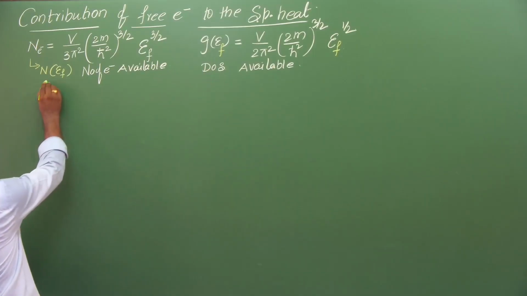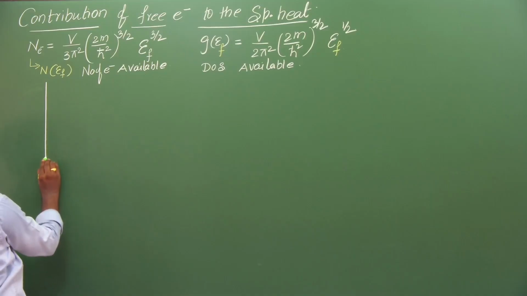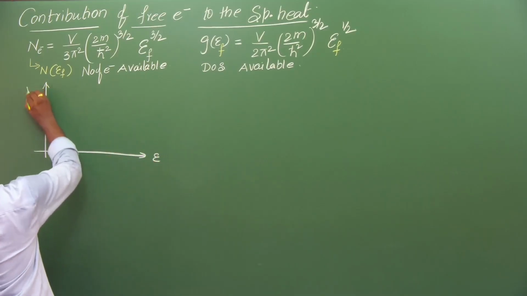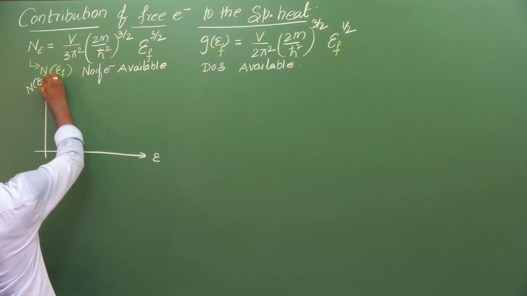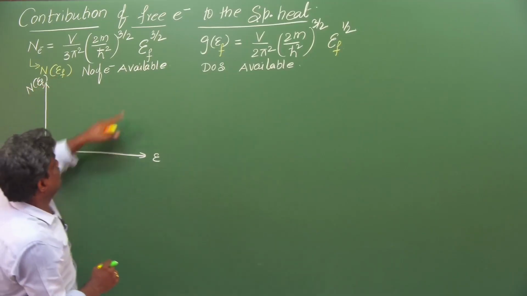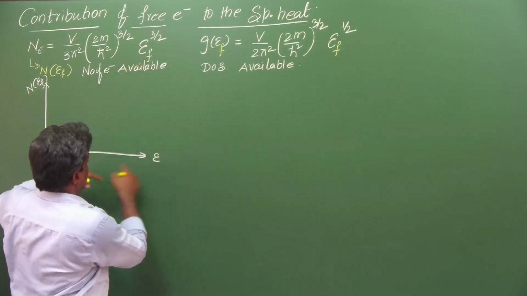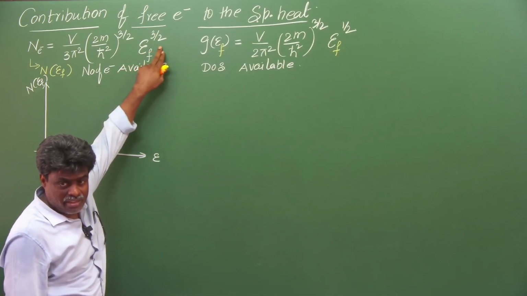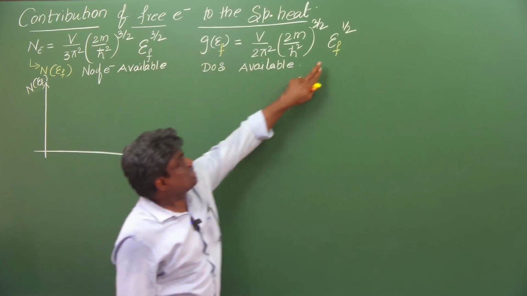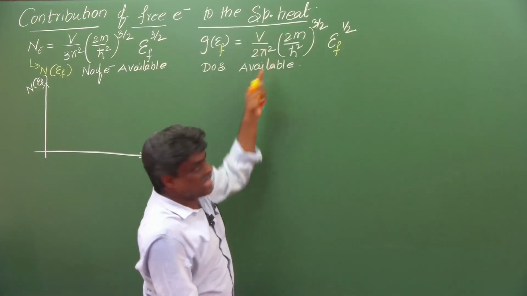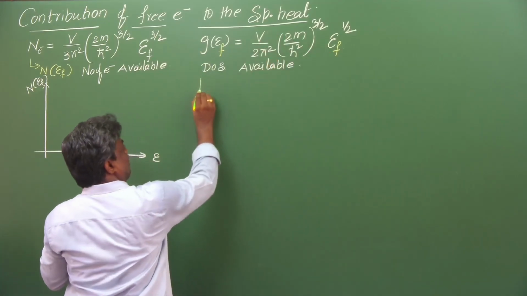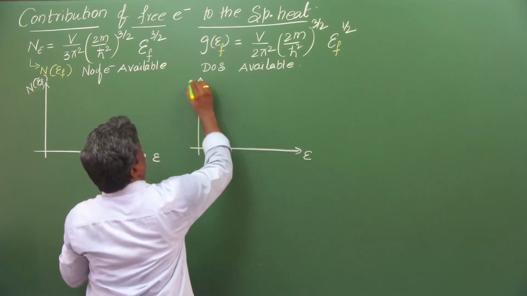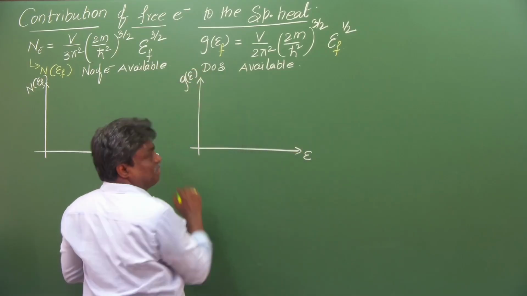If I try to draw the graph for these two, this is E and this is N of EF, and this is EF. This is EF power 3 by 2, and the remaining is everything constant. Are you observing?